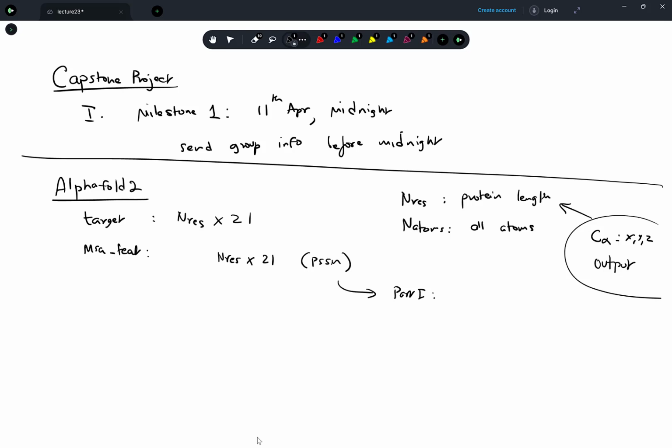You take your input sequence, compare it with the database, extract one big MSA, and then compress it all down to just this length by 21 tensor: the probability of each amino acid in each position in the alignment. That's what we'll be using as the input for part 1. And of course we can also use the residue index.